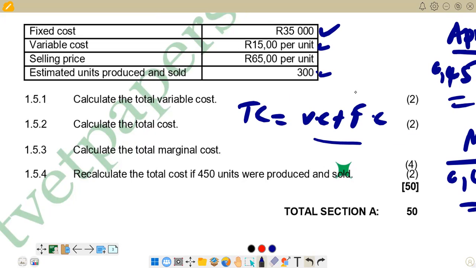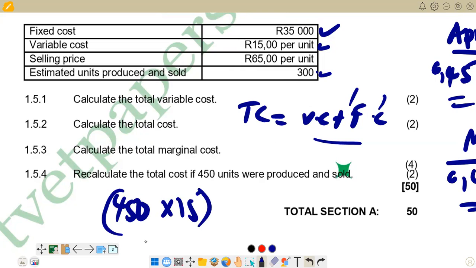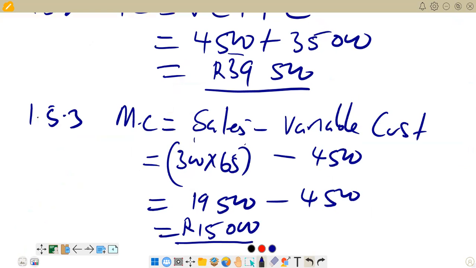But fixed costs do not change with the number of units, so we are going to have the same amount of fixed cost, which is 35,000. What is only going to change is the variable cost, because variable cost changes with the level of production. So if the production is increased from 300 to 450, our variable cost is going to change, but fixed won't change. So for our variable, we are now saying 450 times the variable cost per unit, which is 15. Then we add 35,000.